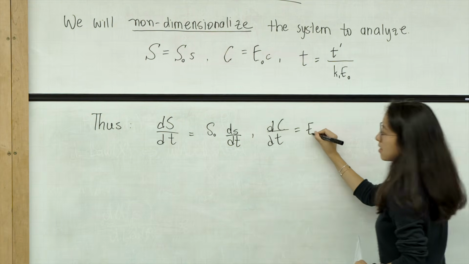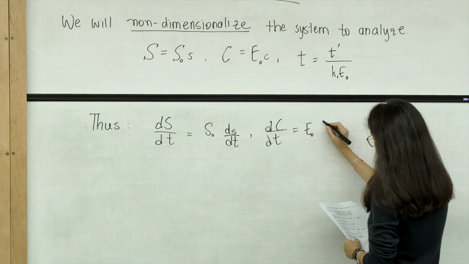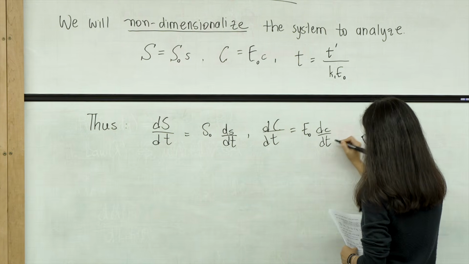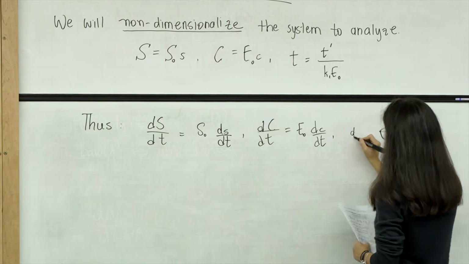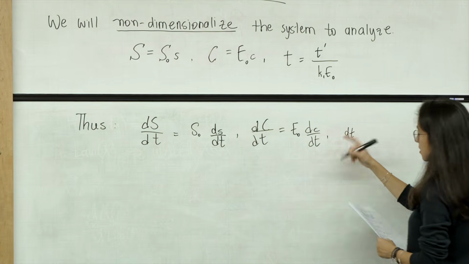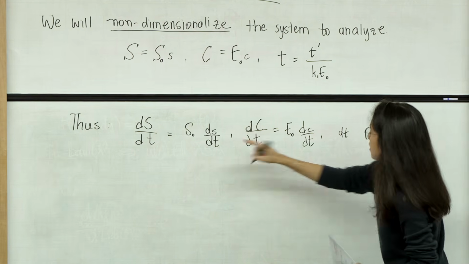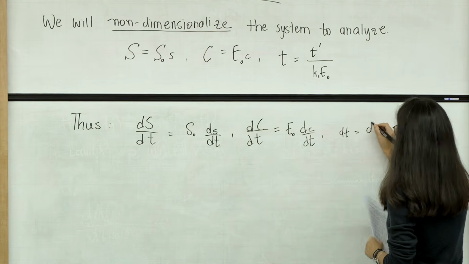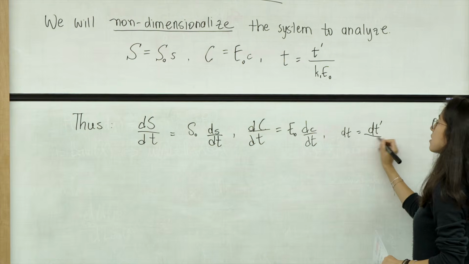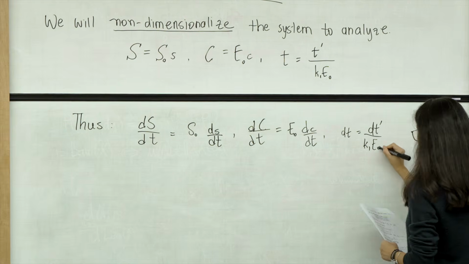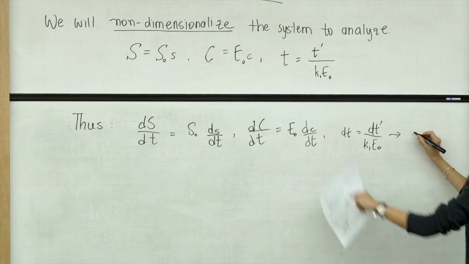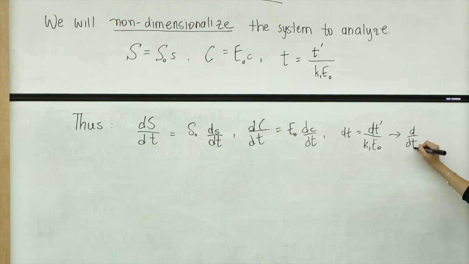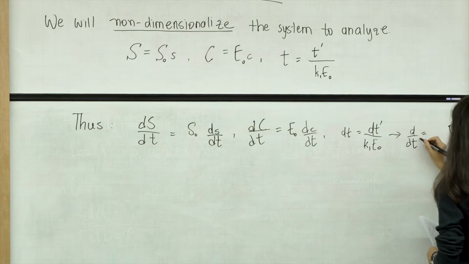This is going to be the original enzyme concentration times dc/dt. And I'm going to have also the transformation of dt in order to plug it in here, so this will become dt prime. Here I'm just doing the differential of that. And then if you want to write it as d/dt, you're going to end up with this instead.